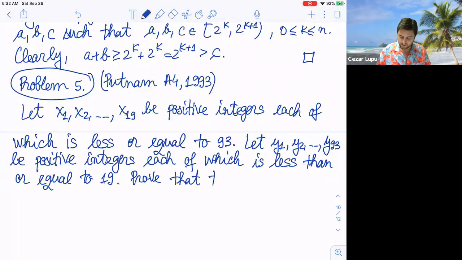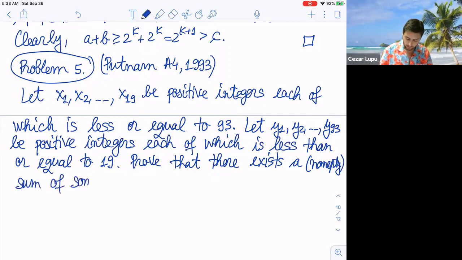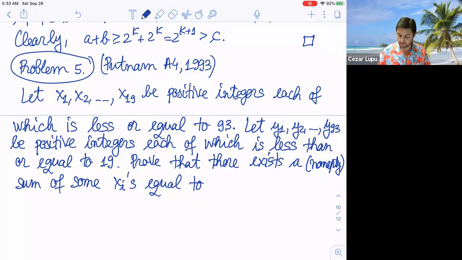Prove that there exists a non-empty sum of some xi's equal to a sum of some yj's.